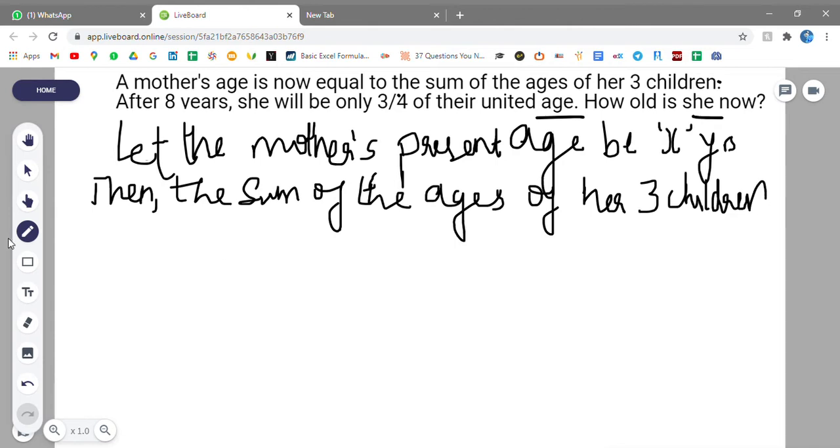Don't mind the bad handwriting. This is also going to be equal to x years. Why it is going to be equal to x years?